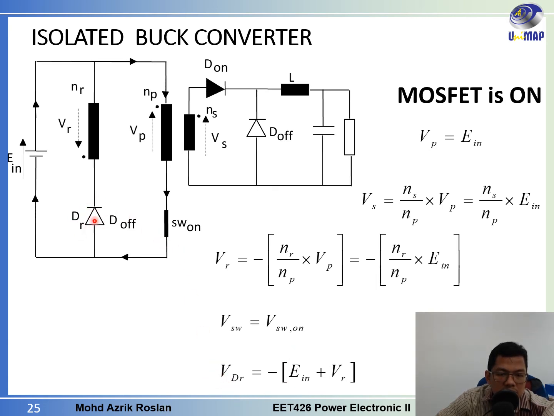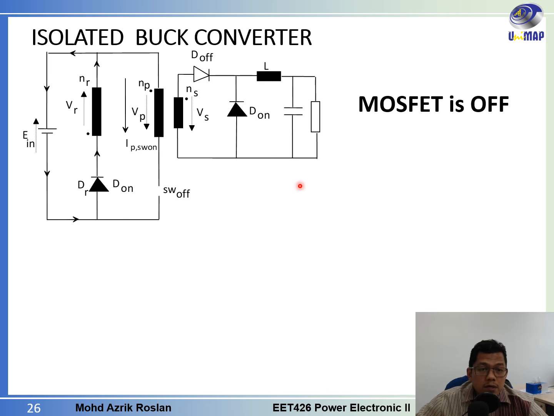The voltage here is what we want to measure, so we apply Kirchhoff's voltage law, and when we solve the KVL, we get VDR equals negative E in plus VR. So this is the voltage across the VDR.